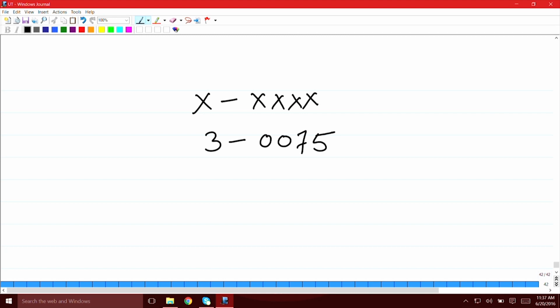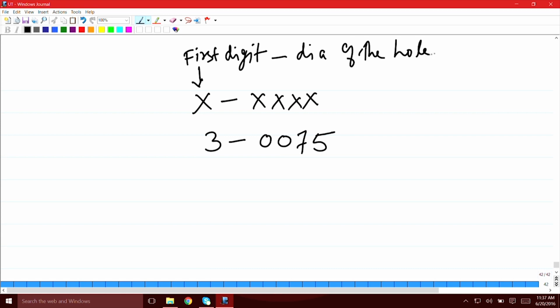So, this first number, the first digit, is the diameter of the hole in terms of 64th of an inch.